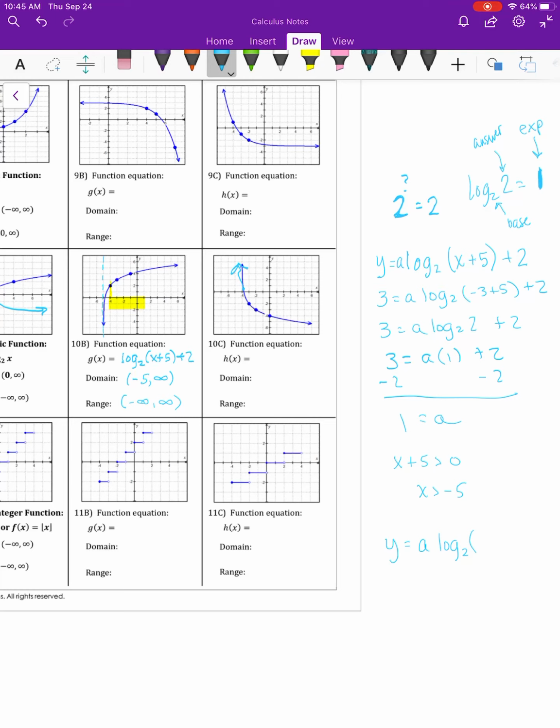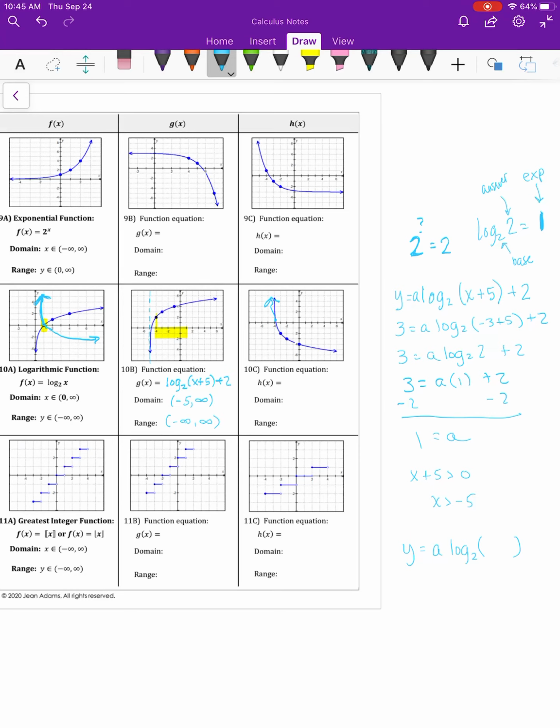Log base 2 of, and then we have to look and see what we have here. When you were reflecting it, you can see that after the reflection, this point right here is your top point, because here's going to be the other one and here's going to be the other one. That top point is the one that we're looking at.